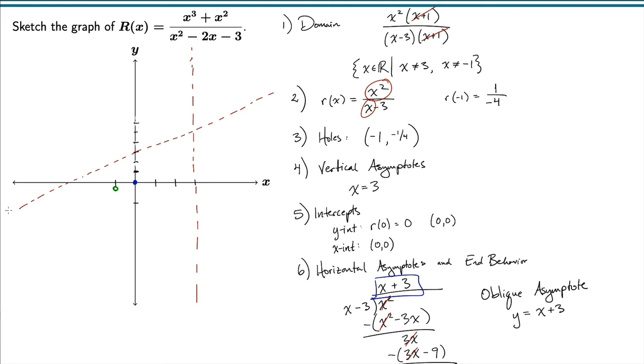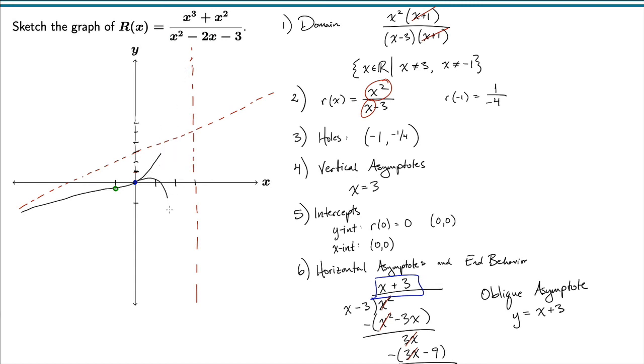And now we're ready to draw. Again, we're working in sections here. We've got the section that's to the left of this vertical asymptote, and it's got to go through these points here. There's a couple of options here. We could follow the asymptote, go through those points, and then cross through and go up and follow.